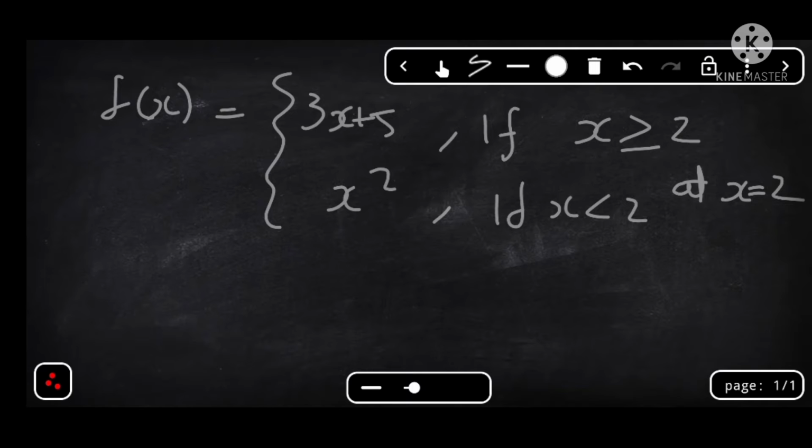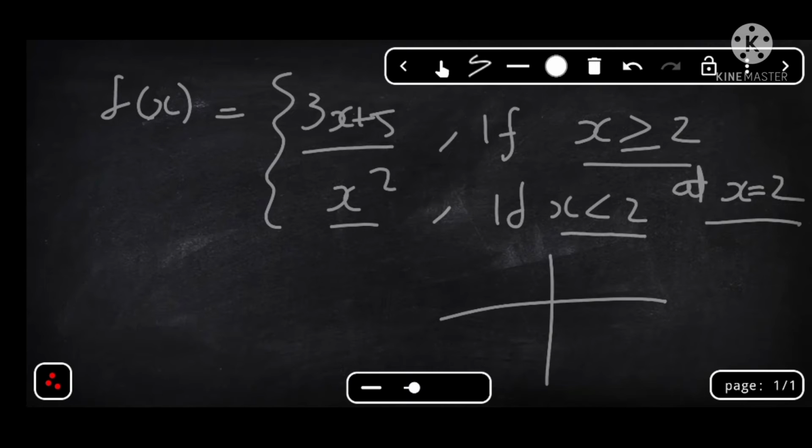So this is our condition. If x is greater than or equal to 2, then our function is 3x plus 5. If x is less than 2, then our function is x square. So at x equal to 2, we are going to see the left hand side limit of 2 and the right hand side limit of 2.